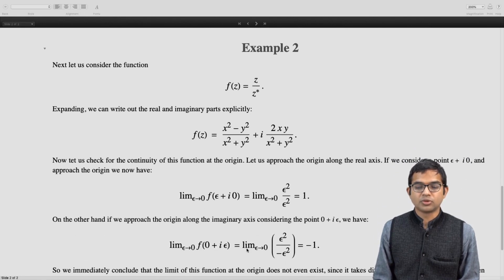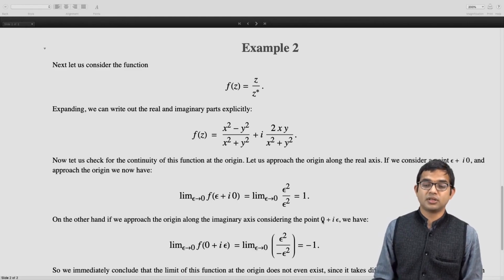But on the other hand, if you had approached along the imaginary axis, then you have to take this same limit epsilon going to 0, but of the function f of 0 plus i epsilon. 0 plus i epsilon means that y is epsilon, so x is 0, so you have once again the imaginary part is gone, but the real part now is going to be minus i epsilon squared, which will just give you epsilon squared, but the denominator will give you minus epsilon squared, right?